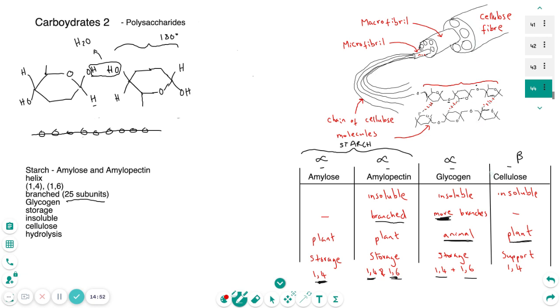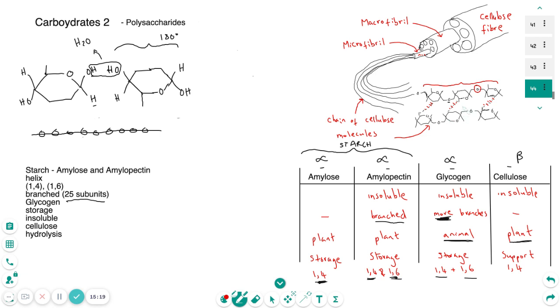So for us, cellulose is not an energy store, and it's not something we can use for energy either. It's good for us in our diet because it's what we call fibre, so it helps to keep our digestive tract clear. We don't have the enzyme to break these bonds, so it passes straight through us.